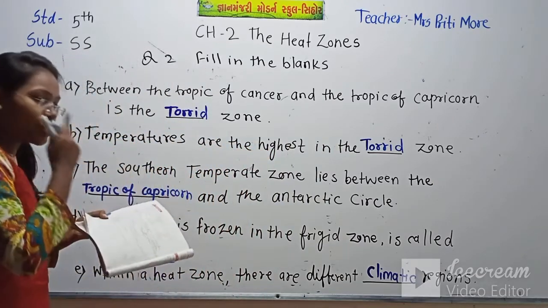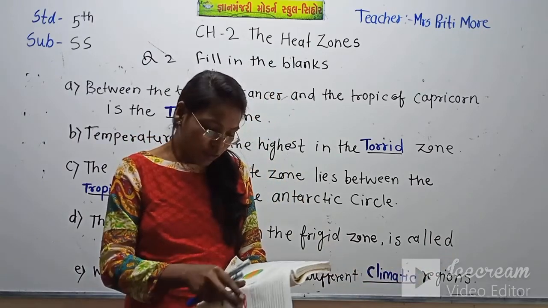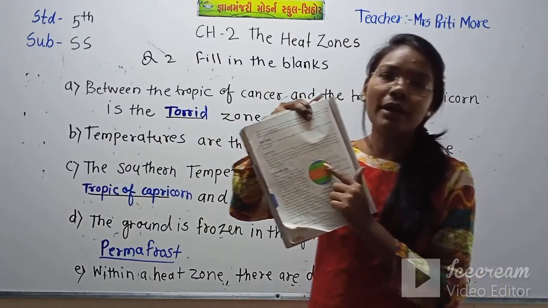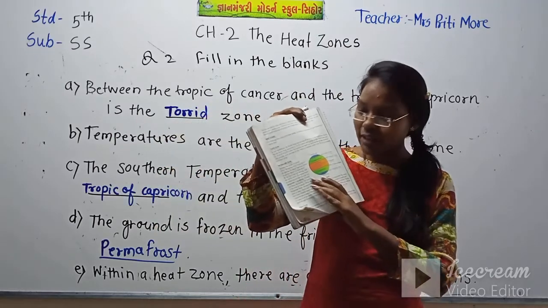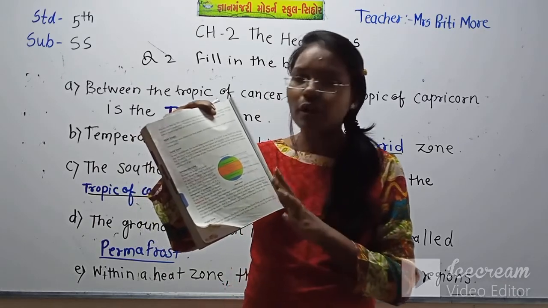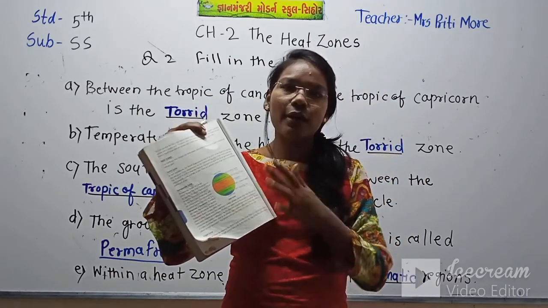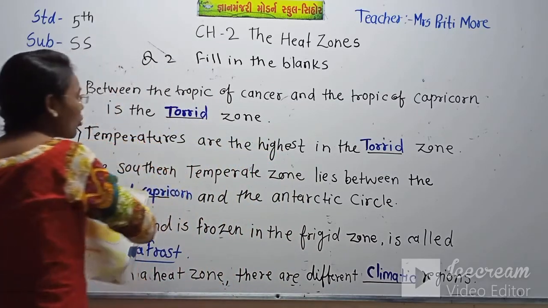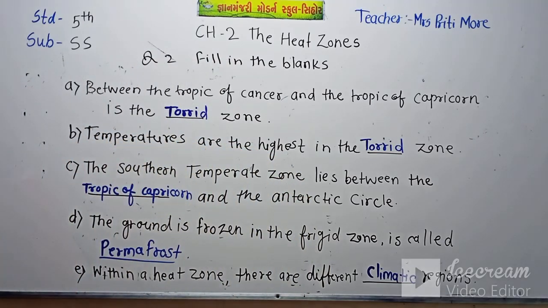You have to draw the same diagram in your notebook and shade it in different colors, like torrid zone, temperate zone and frigid zone, and name it all: the North Pole, the South Pole, all the latitudes. I hope students you have written this. Question number 4 will be your homework.